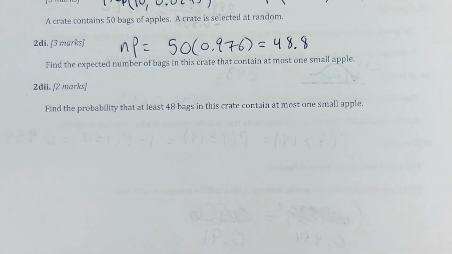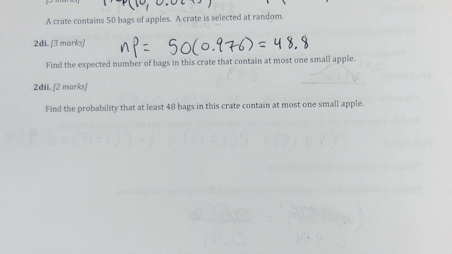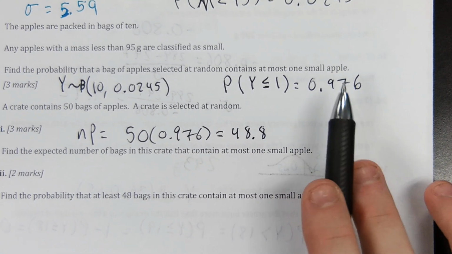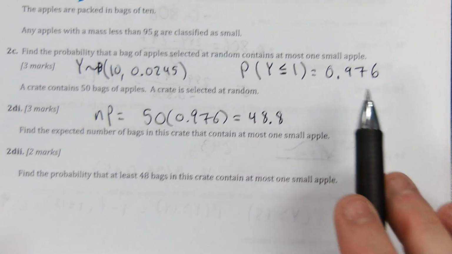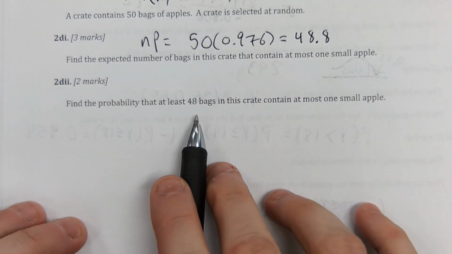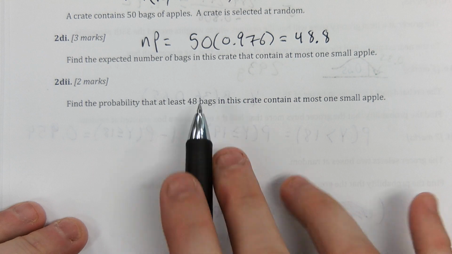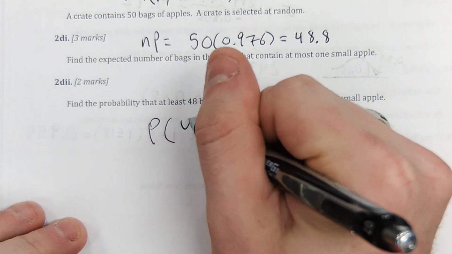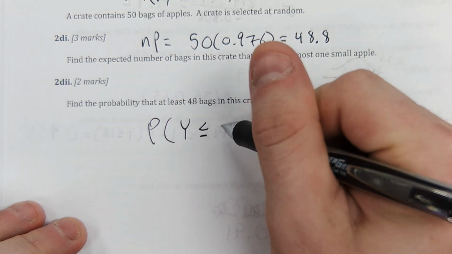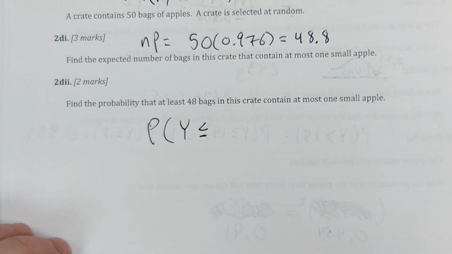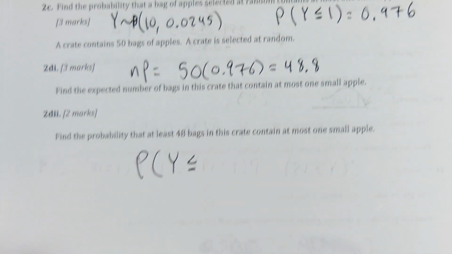Find the probability that at least 48 bags satisfy. Remember, this is the probability that we're satisfied, 0.976. So when you say at least, you mean that number or less. So the probability that Y is less than or equal to, oh, it's not even Y anymore, is it?